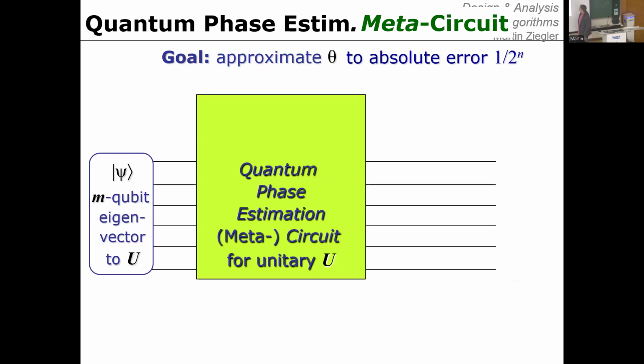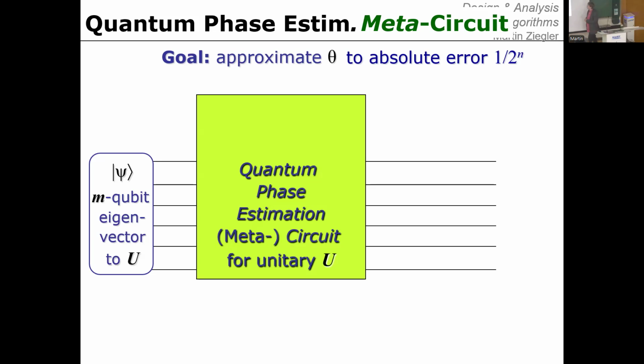Here's our quantum phase estimation meta circuit, which involves as function parameter, subroutine, subcircuit, the given unitary U. And the promised eigenvector, an m-qubit eigenvector to this U. And the output should be an approximation to this phase up to error 2 to the minus n, which means it should be roughly the first n bits after the binary point.